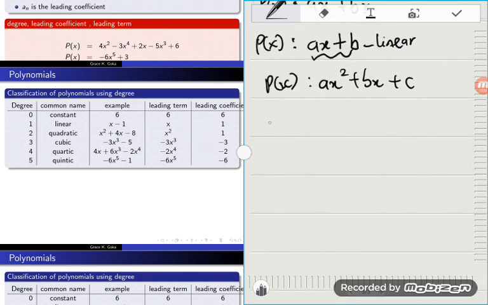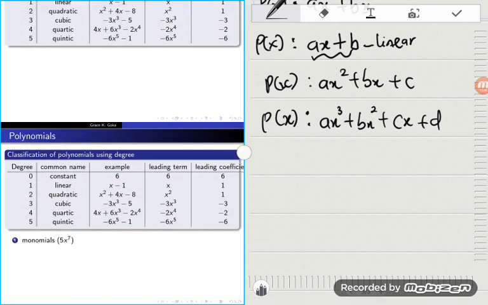If it's to the power 3, P of x giving us ax to the power 3 plus bx to the power 2 plus cx to the power 1 plus d, then such a polynomial is known as a cubic polynomial. So I'll leave it up to you to give a name to a polynomial based on the degree. If the degree is equal to 4, what will such a polynomial be called? Up to when the degree is equal to 10.